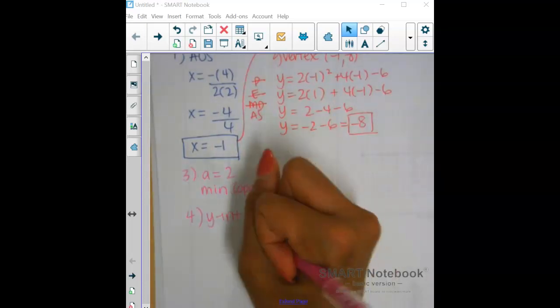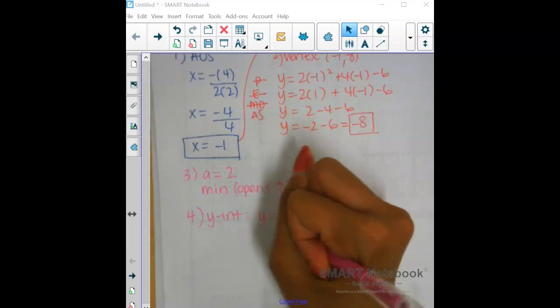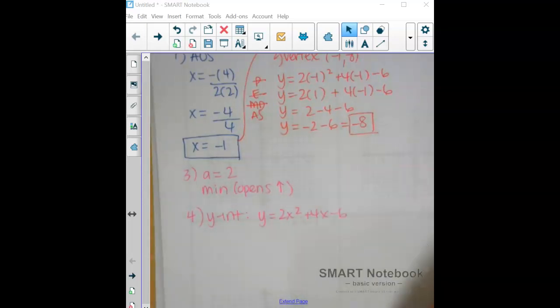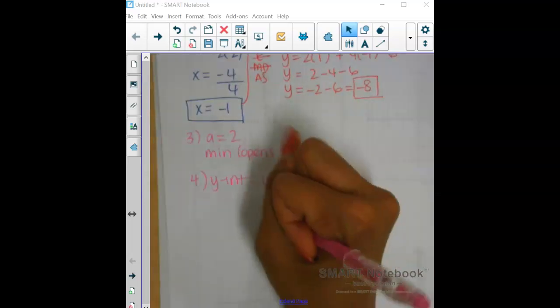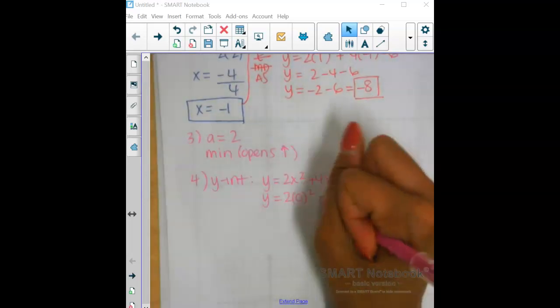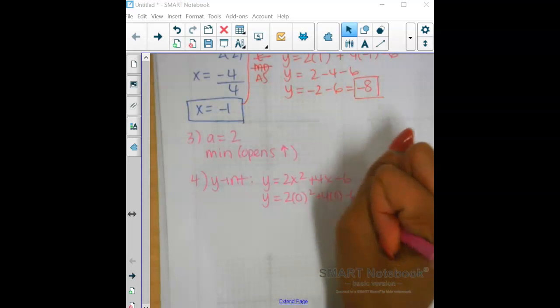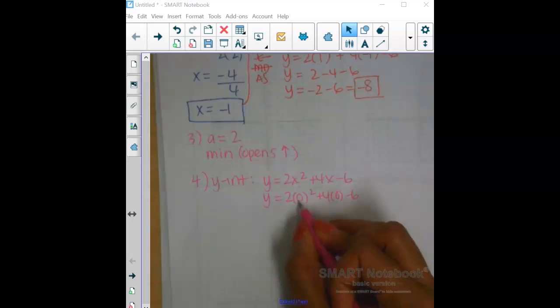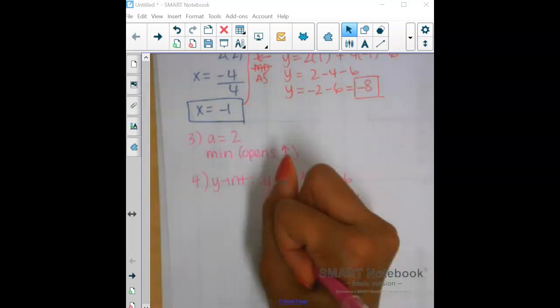Okay, well, to find the y-intercept, we're going to take the equation. And we're going to plug in 0 for every x that we see. So we're going to go ahead and do 0 squared, which is just 0.